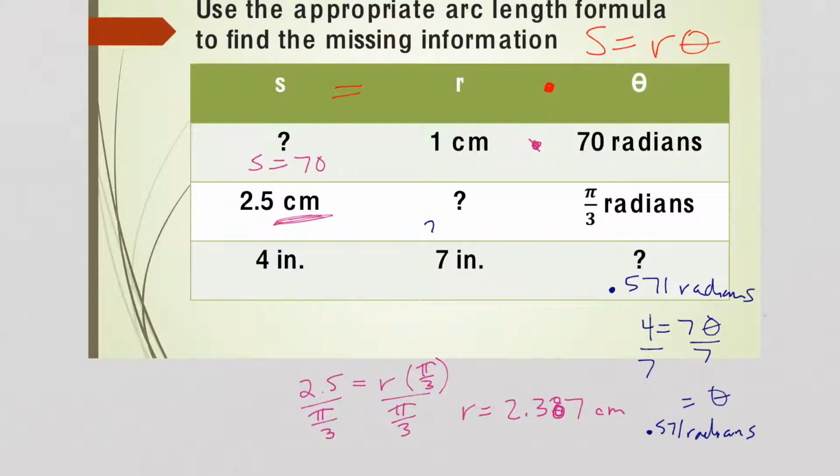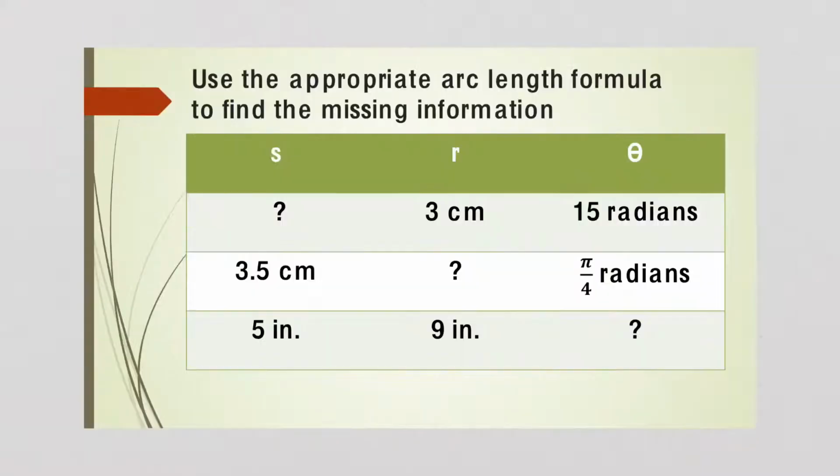And remember here we got 2.387 centimeters. Okay, so everything is going back to S equals R theta, which we will use again after Christmas break. Now it's your turn. Go ahead and pause the video and come back and check your answers.